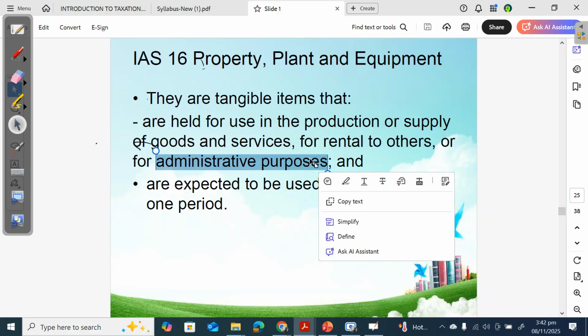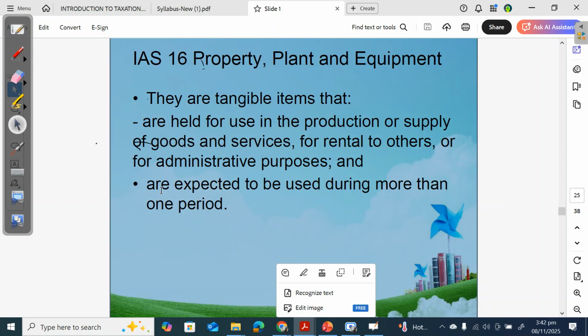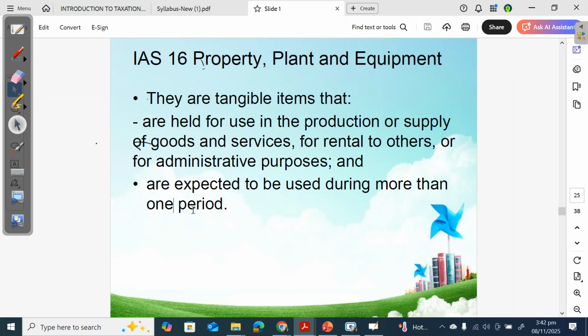Office building does not generate income, but it is for administrative purposes. And they are expected to be used during more than one period. We expect to use those assets for more than a year. That is why they are called non-current assets.